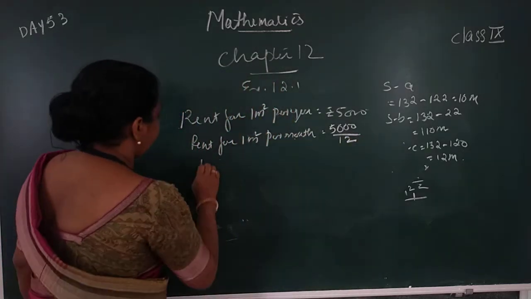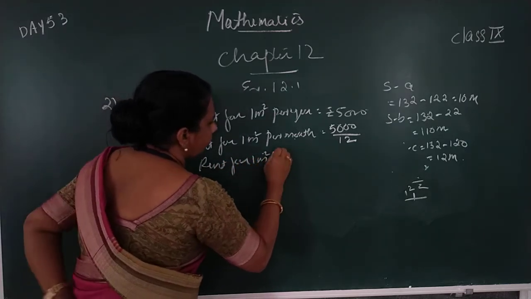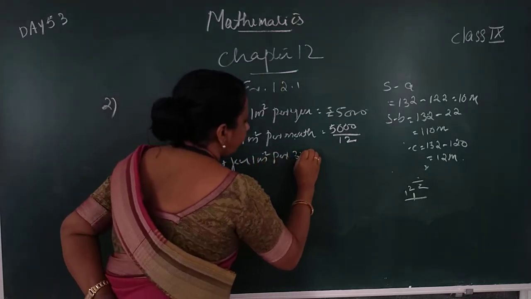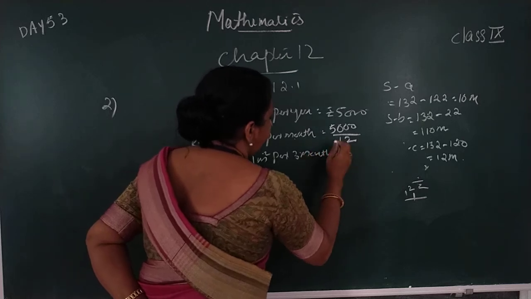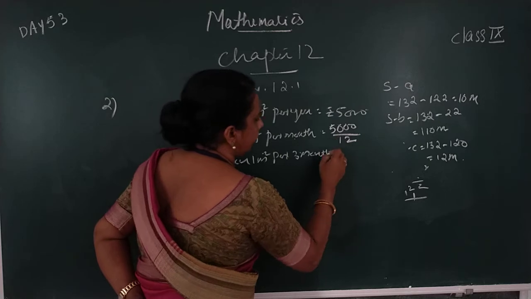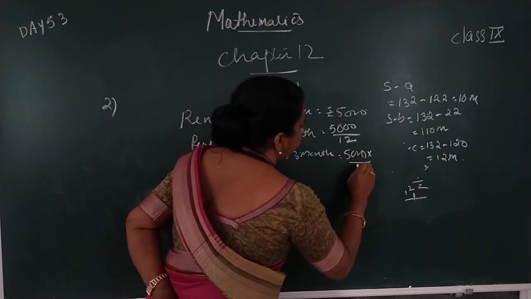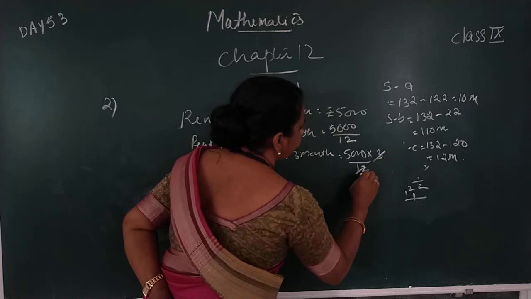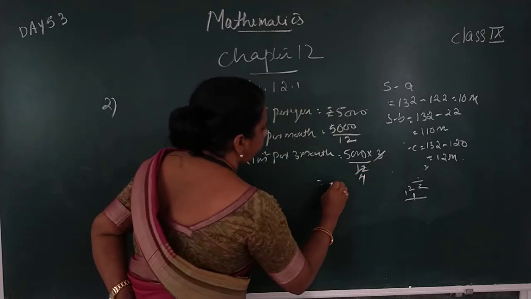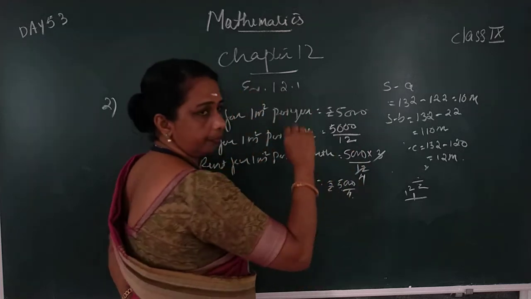Okay, then we can find out the rent for 1 meter square per 3 months. For 1 month, then 3 months. That's equal to 5,000 by 12 into 3. Okay, so 5,000 by 4.